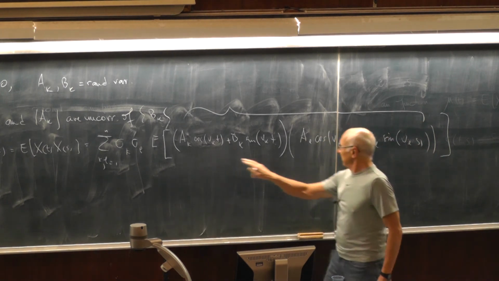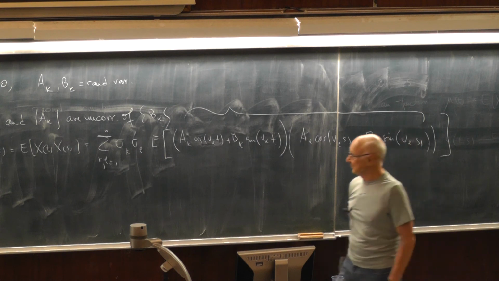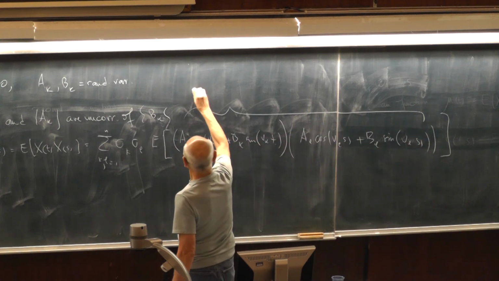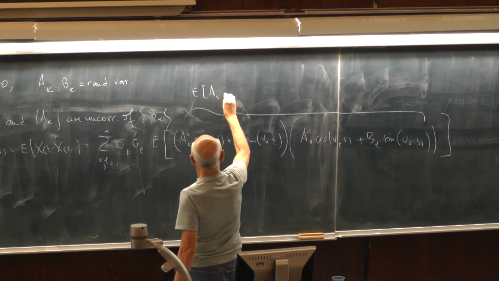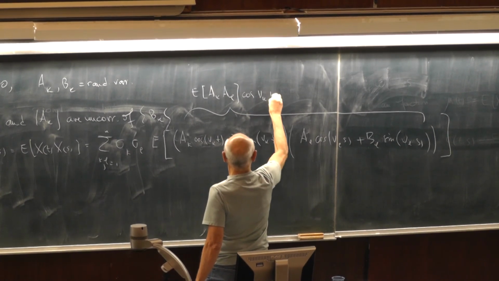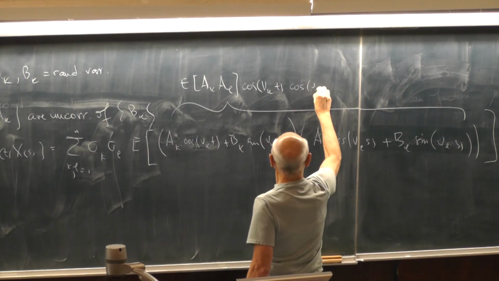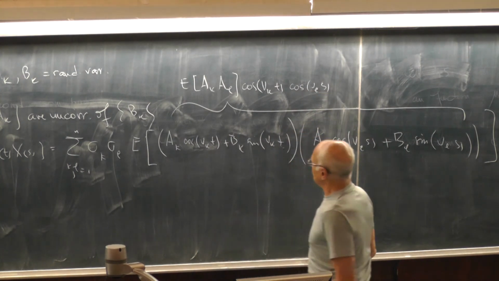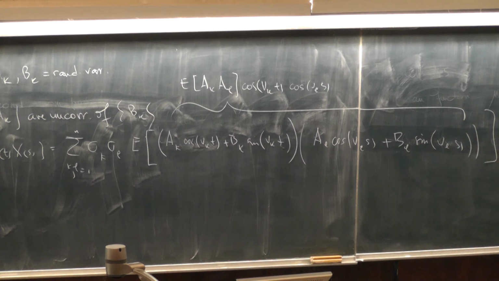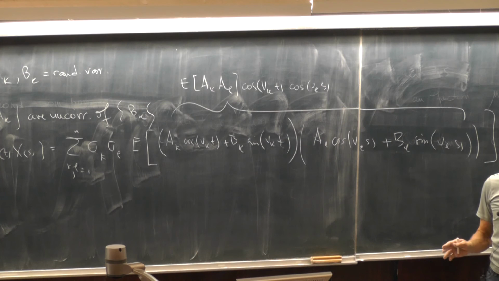But when I have A_K and A_L, that can produce something, so let's write them down. Okay, so this is one type of terms which produce some output. And something similar for B's, right?